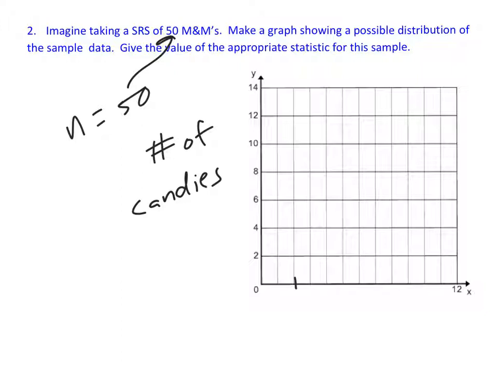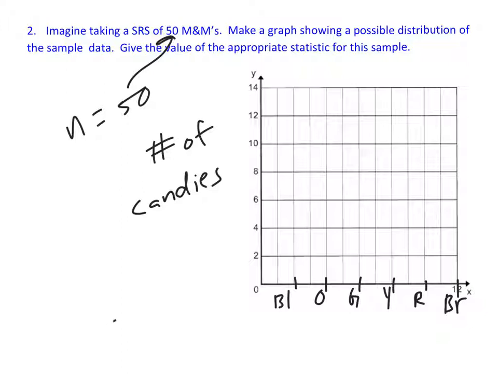I'm going to set this up the same way here and see we have blue, orange, green, yellow, and brown. Okay, so now I'm saying hypothetically, what could you see in a sample?